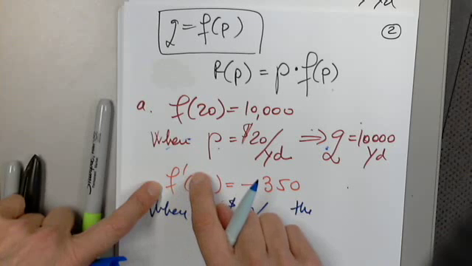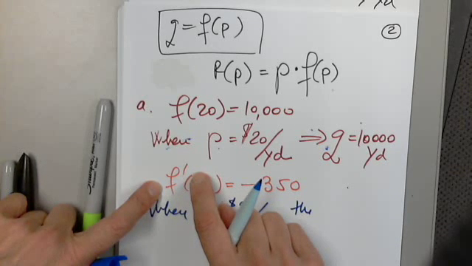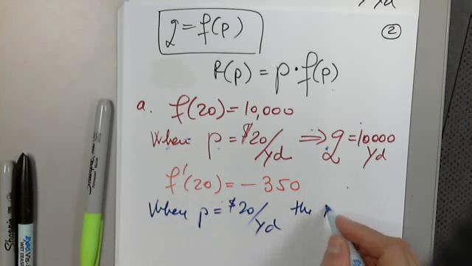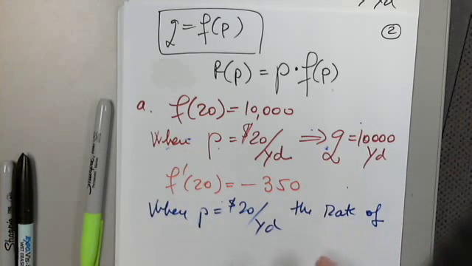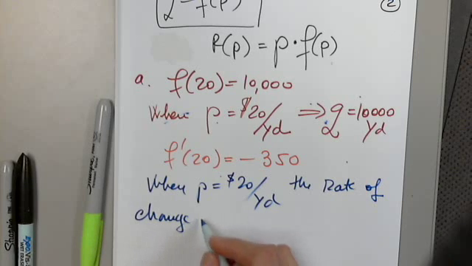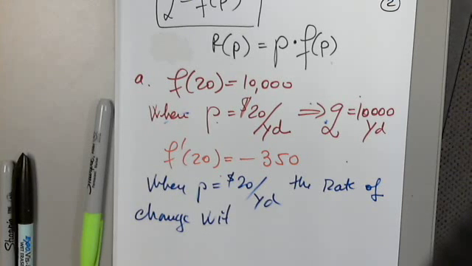What is the definition of F prime? The rate of change with respect to, I want to be specific, the rate of change of quantity with respect to price.